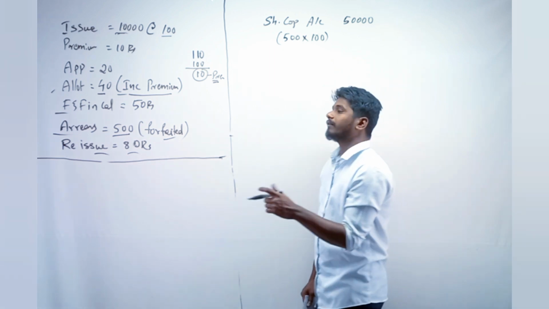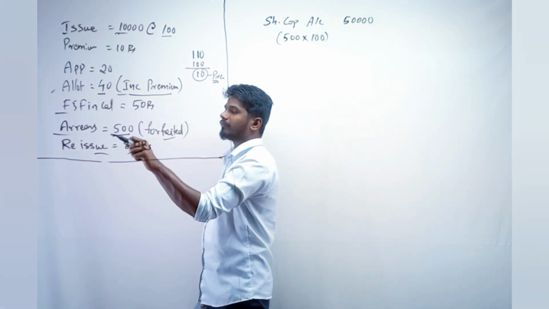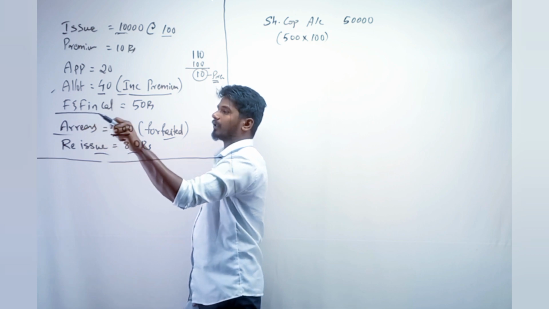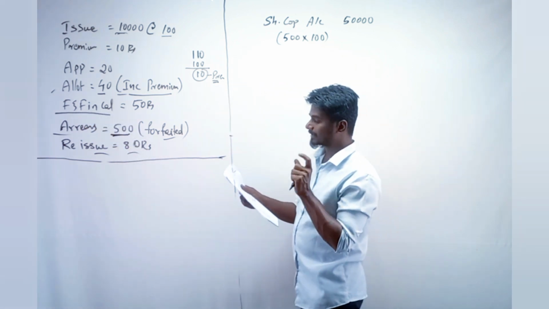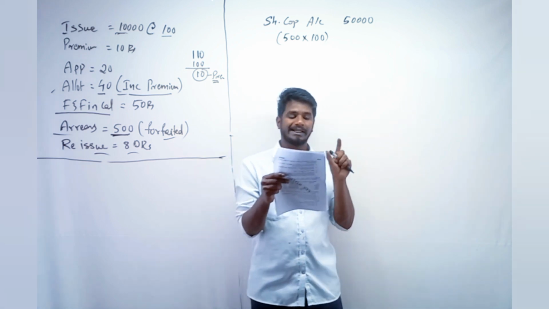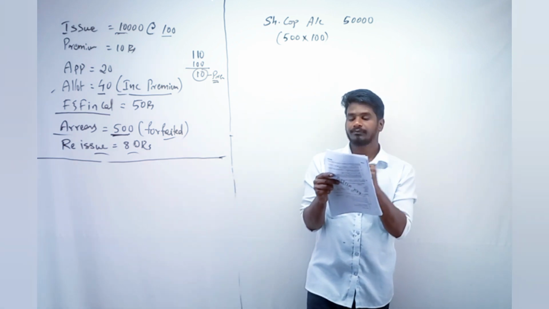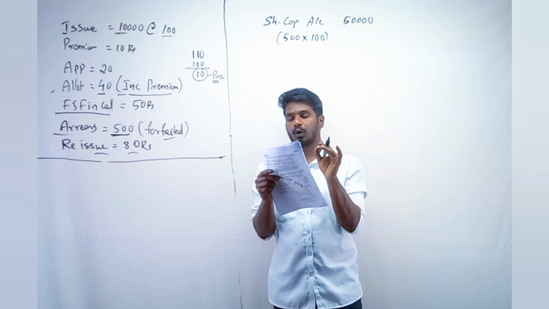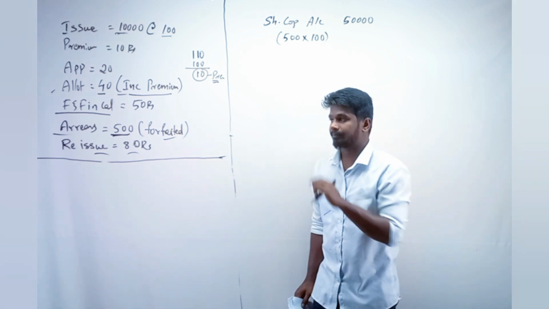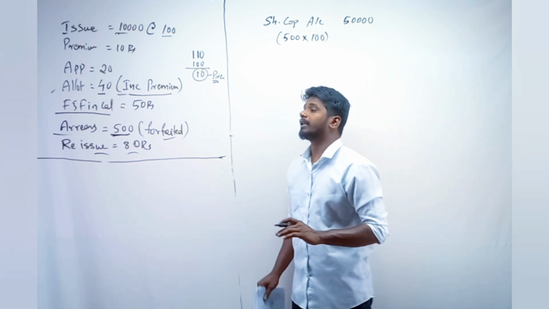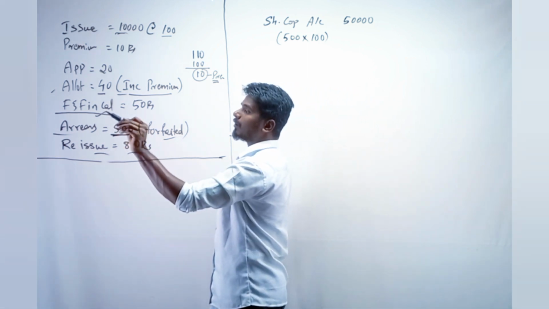And then we didn't receive the first and final call, correct? In the question you can read it: all the shares were subscribed and the money duly received except the first and final call on 500 shares. We didn't receive the first and final call, correct?